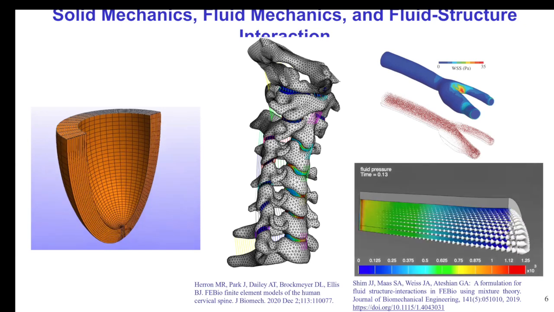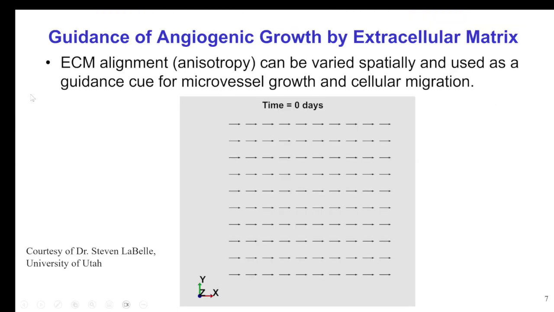And so the other nice thing about FEBio is that you can write plugins that integrate with the software and extend the functionality. And so an example from some of the research in my laboratory, we're interested in understanding how the characteristics of the extracellular matrix, for instance, the orientation of collagen fibrils, the density of the collagen, influences the growth of microvessels.